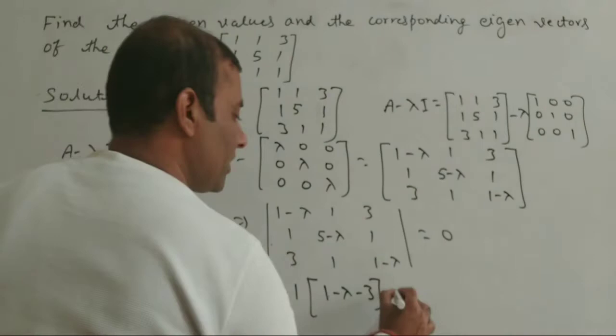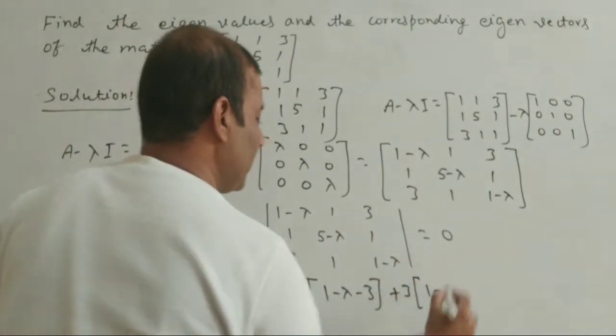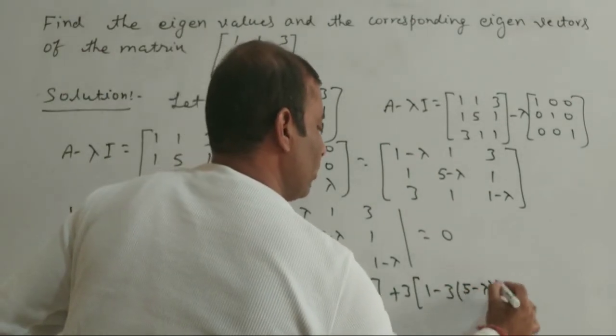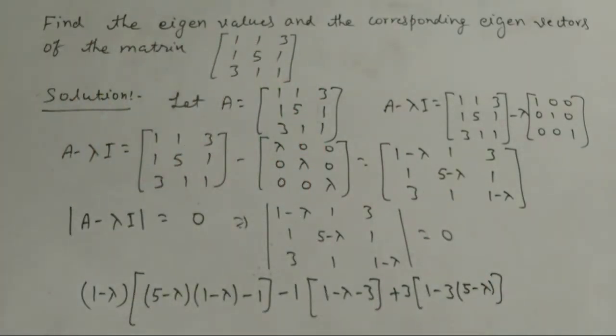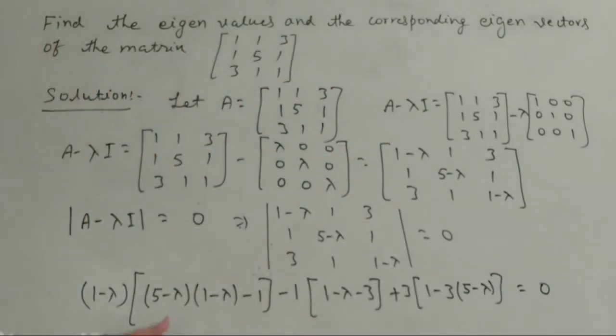Next one, plus 3 into (1 into 1 minus 3 into 5 minus lambda). So this equals 0. Now we have to solve this equation and find the value of lambda.